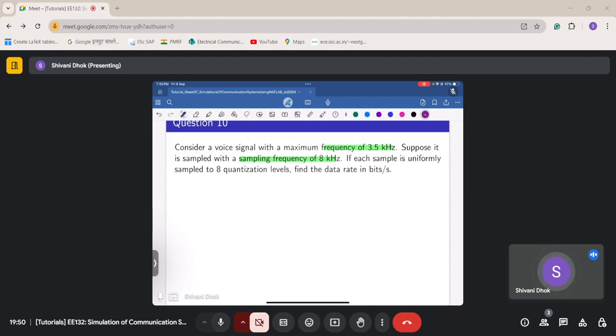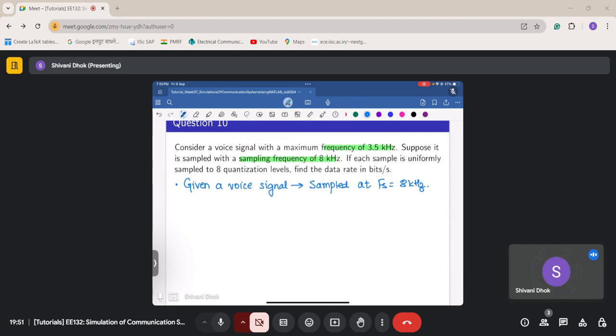So what is given to us is a voice signal, and this is sampled at fs equal to 8 kilohertz.